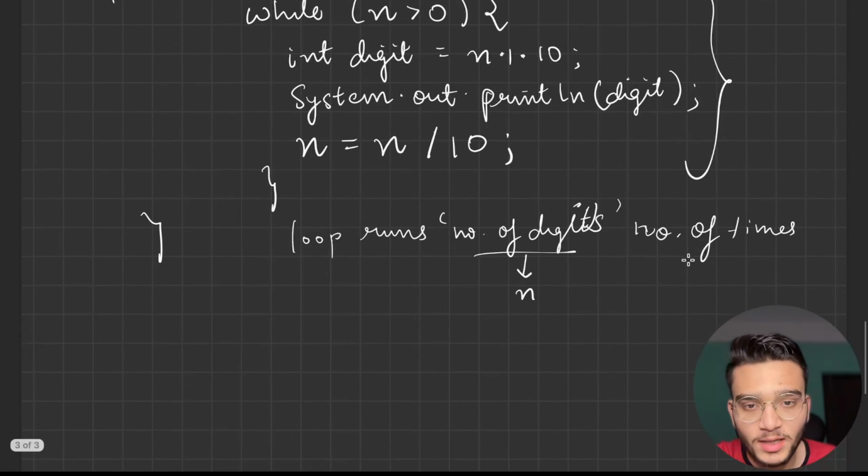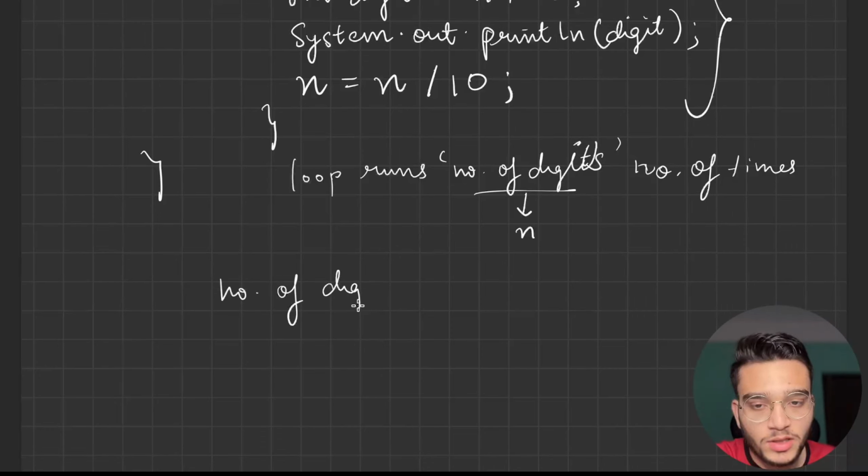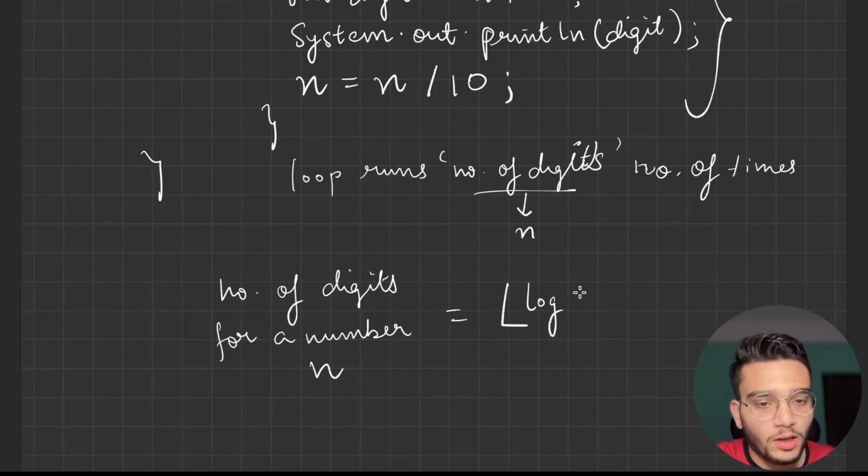So in mathematics there's a whole big proof behind this, but we have the number of digits for a number n equal to floor of log n base 10 plus 1.